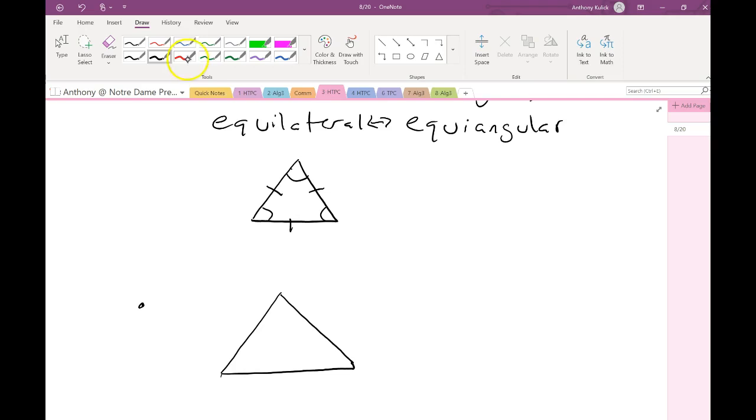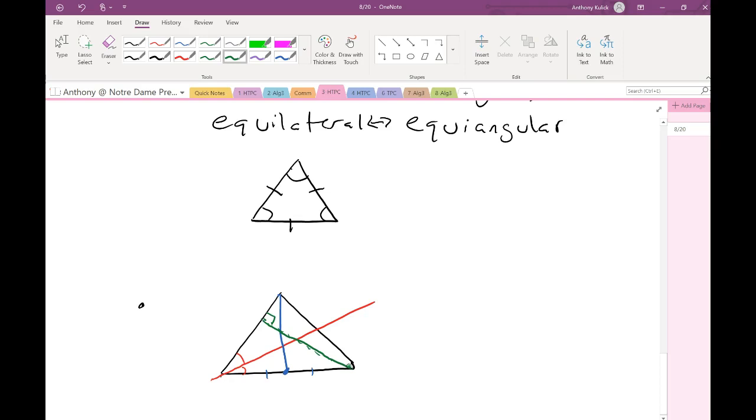So you can have like an angle bisector, right? You could have a median, which connects vertex to midpoint. You can have an altitude, which goes from vertex to opposite side and intersects at a right angle. Maybe I should just draw that as a solid line.